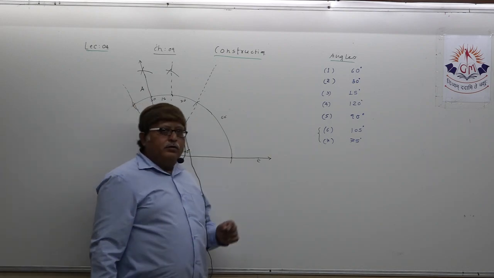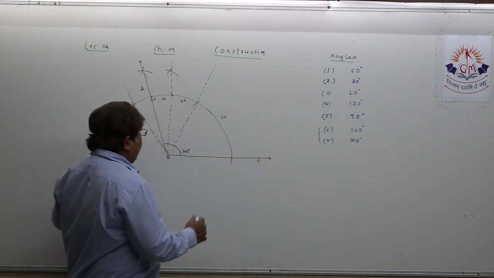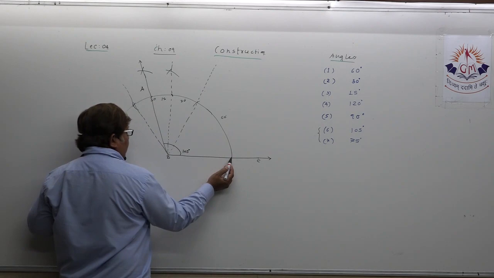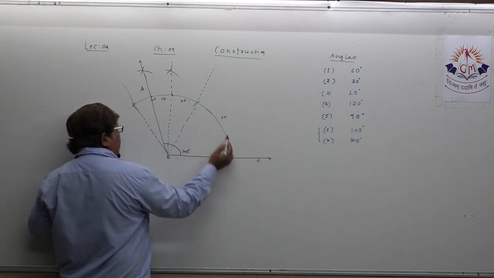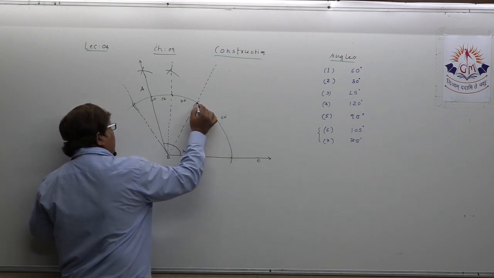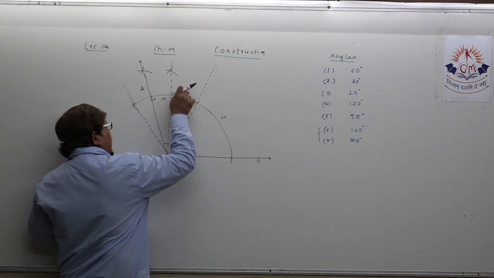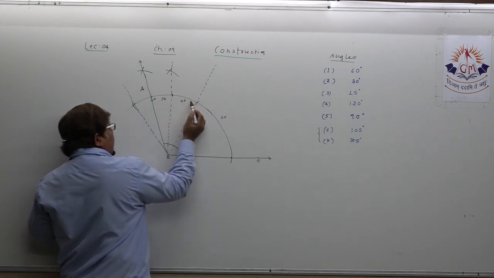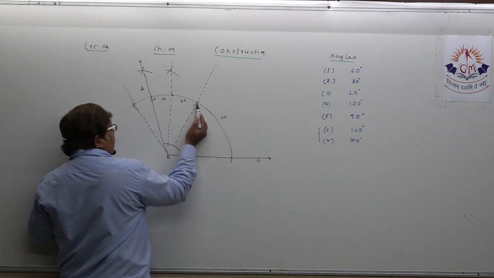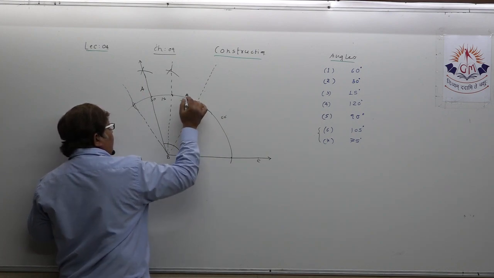Suppose you want to construct an angle of 75, again target from here. This is 60, this is 30. If I bisect this, it will be 15 degrees, so 60 plus 15, 75.